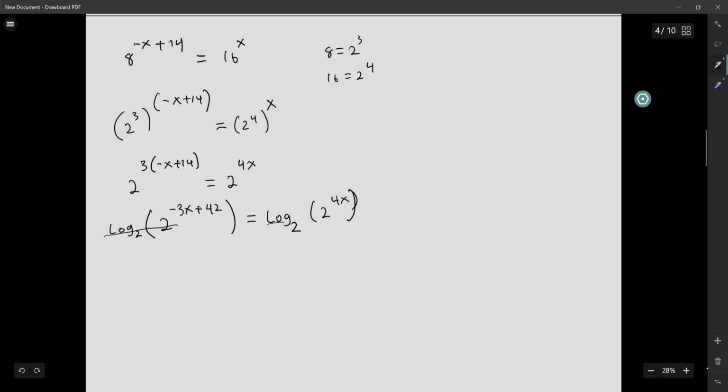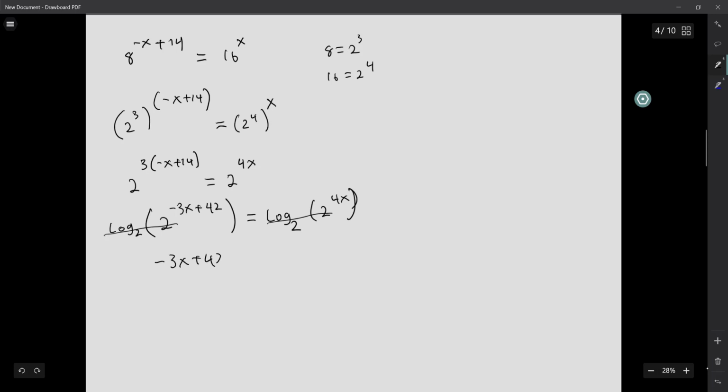And these get to cancel because it's the same base. And I'll have minus 3x plus 42 equals 4x. Add 3x to both sides. I get 42 equals 7x, or x equals 6. So we got another one.